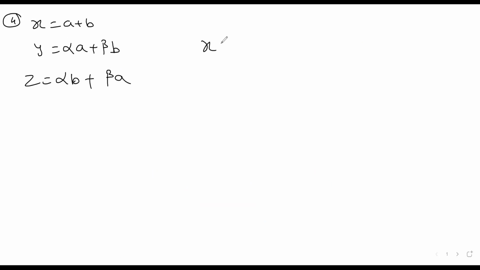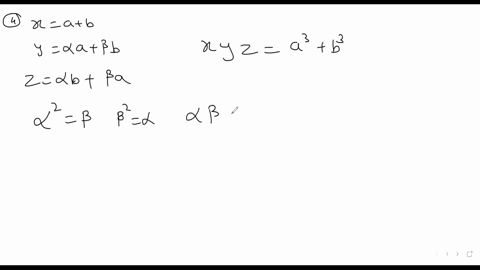And we have to prove that xyz is equal to a cube plus b cube. Now we know very well that alpha square is beta, as we have just proved, and that beta square is alpha. We also know that alpha beta is 1.